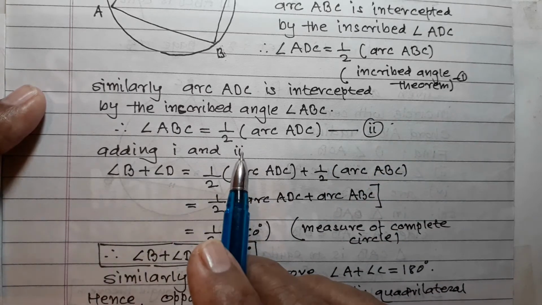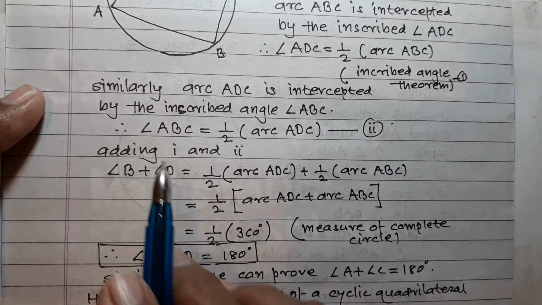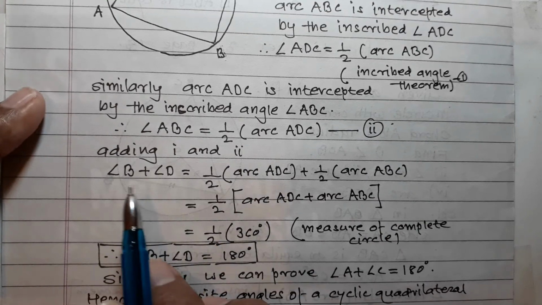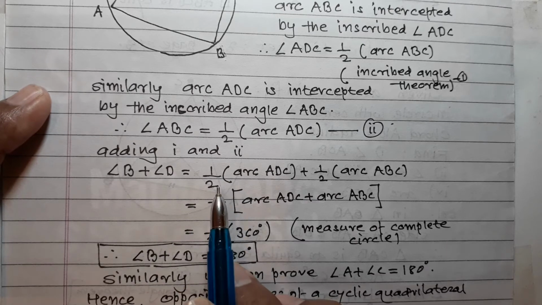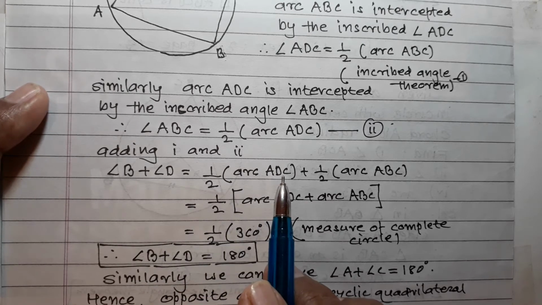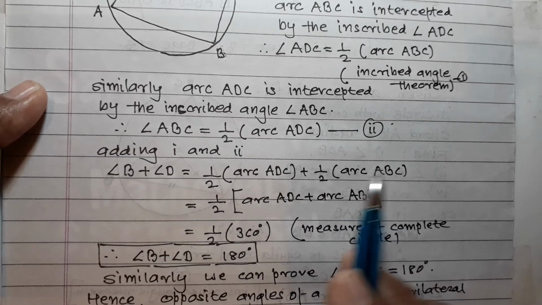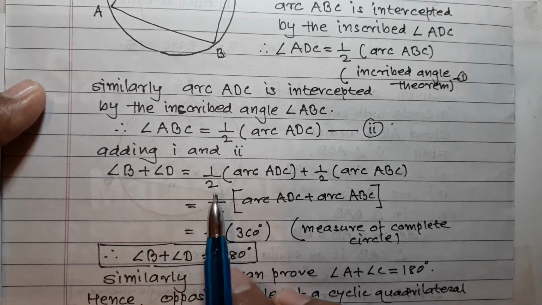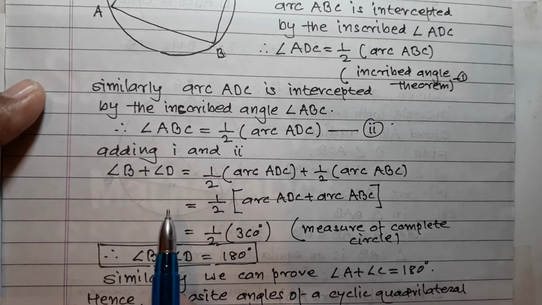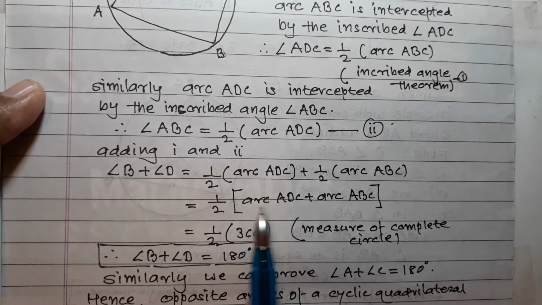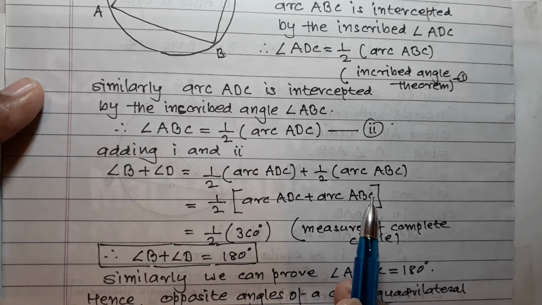Adding 1 and 2, angle B plus angle D is equal to 1/2 arc ADC plus 1/2 arc ABC. Now take 1/2 common, and therefore angle B plus angle D is equal to 1/2 into bracket arc ADC plus arc ABC.